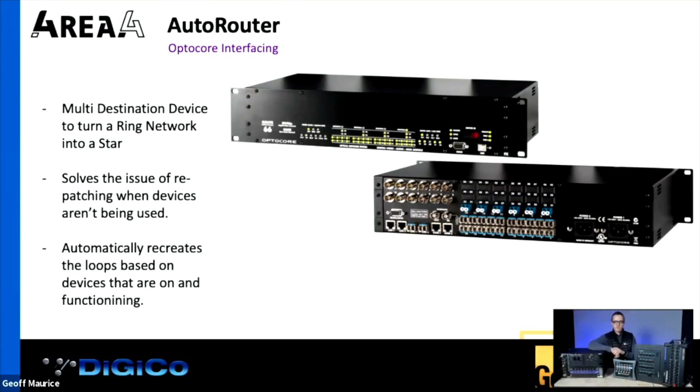And in our traditional networks, DiGiCo is based on a ring network topology. So there's an A and a B port on each device, and you connect the A to the B, the A to the B, and so forth to create a redundant ring. The benefit with this, of course, is that the ring can be broken at any point, and you'll still maintain your audio connectivity.